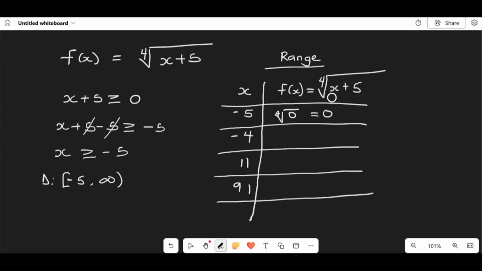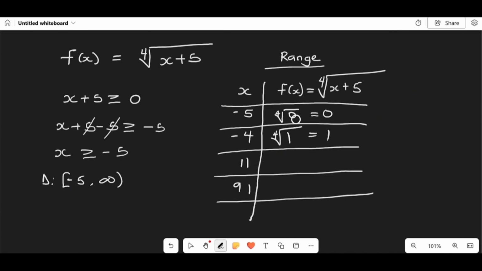If we substitute x equal to minus 4, we get minus 4 plus 5, which gives us 1. So the fourth root of 1 is equal to 1.